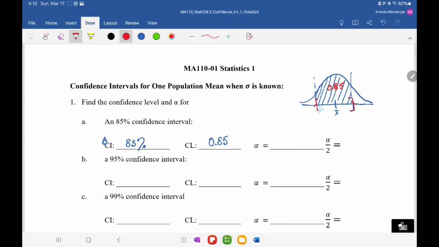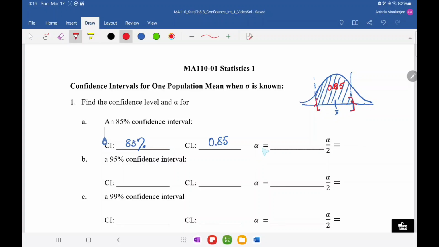Okay, it's the region bounded by the end points of the confidence interval. 0.85 also refers to the probability that the population mean is going to be contained within this interval. So 0.85 is not only the area bounded by the endpoints of the interval, but it also represents the probability that the population mean is going to fall within this interval.